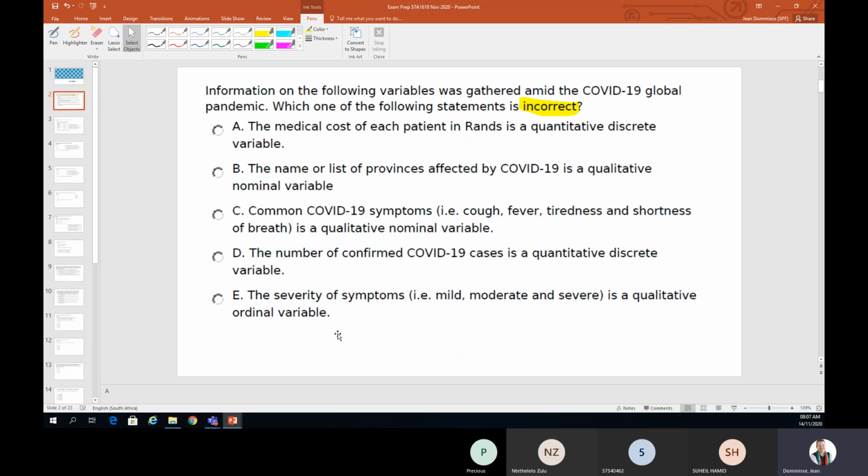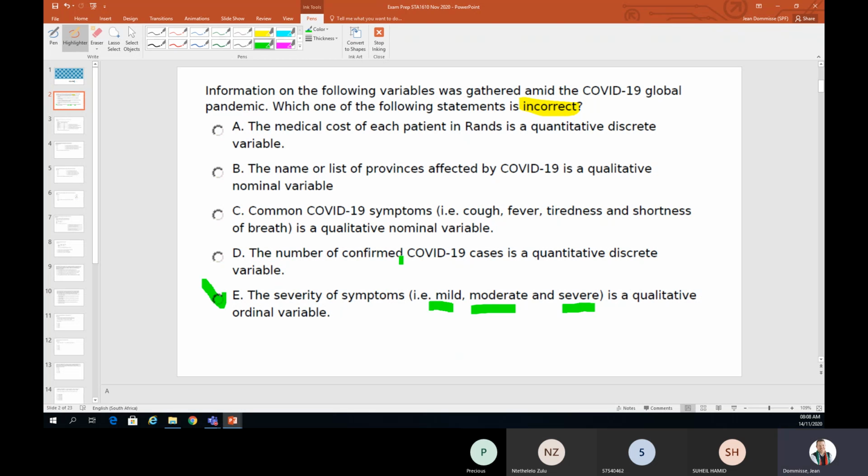Okay, so on this first question, what would you have said is the incorrect one? Let me come from the bottom and say the severity of symptoms, mild, moderate, and severe, is a qualitative ordinal variable, which is right, just because there's order in the severity of the symptoms.